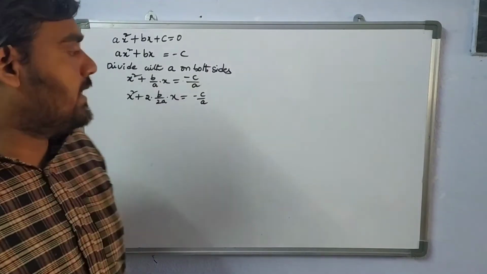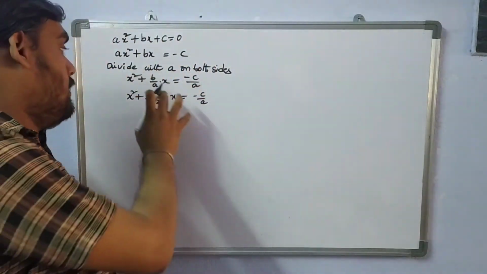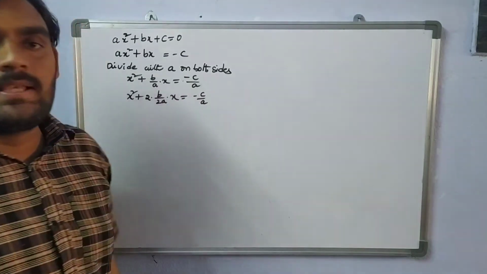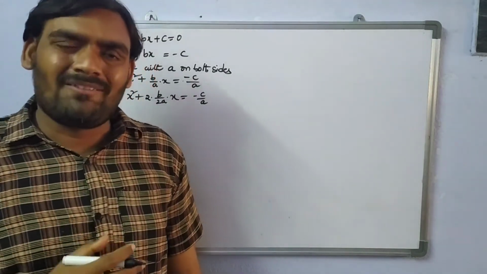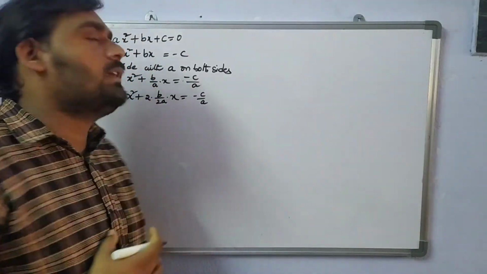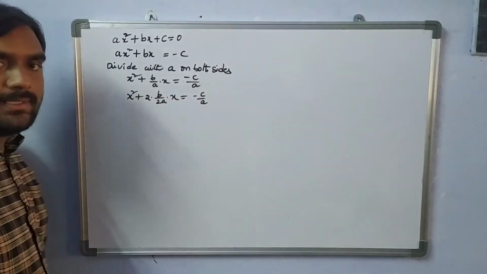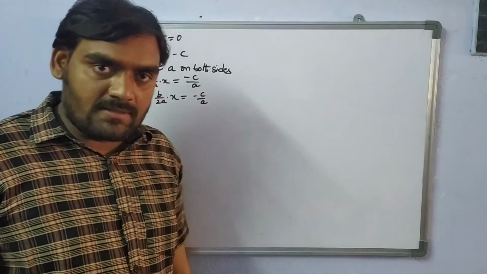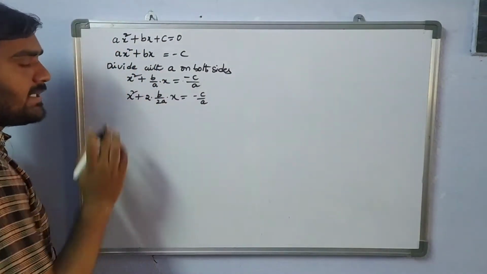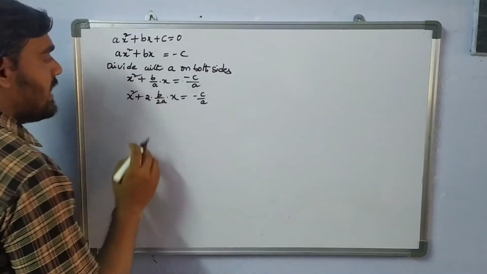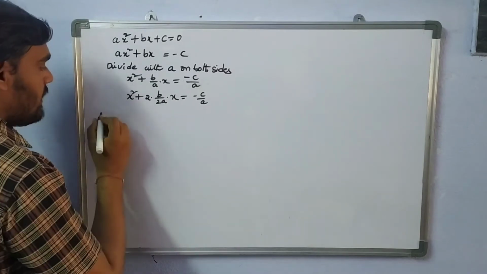Now I am adding b by 2a whole square on both sides. Why do I have to add b by 2a whole square on both sides? To get the left hand side to be a perfect square.